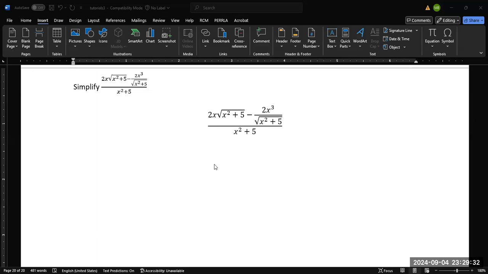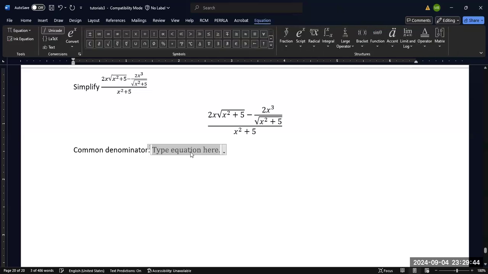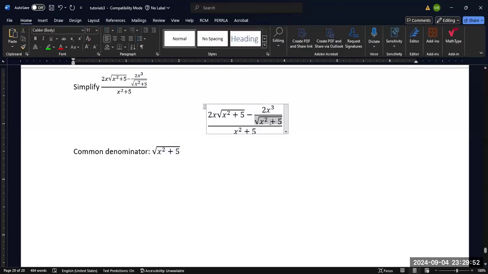Now, in this case, the common denominator is a square root. It's the square root of x squared plus 5. So it's this guy right here. That's our common denominator.